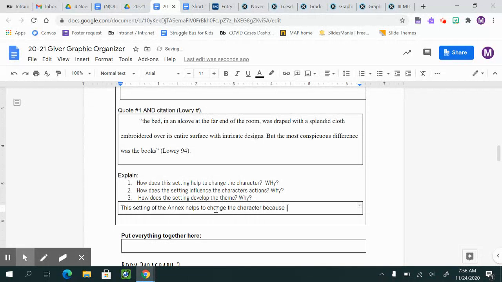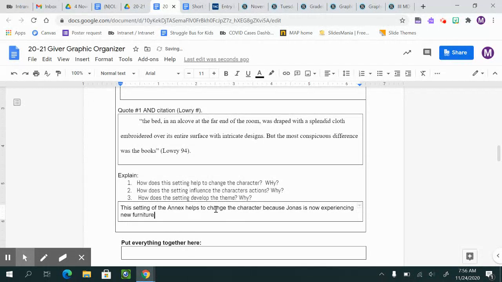How do these different types of furniture, different things that Jonas is seeing for the first time, help change the character? So the annex helps to change the character because Jonas is now experiencing new furniture that he typically would not see if he was not in the annex.